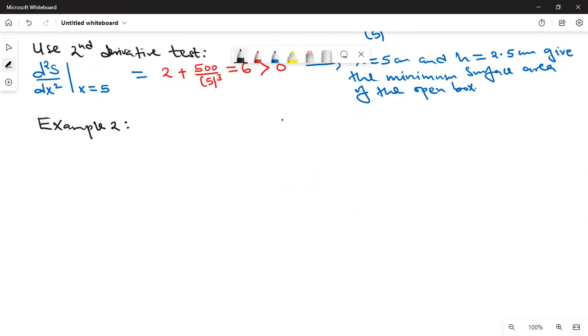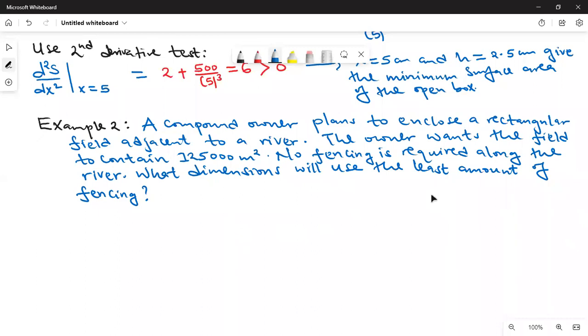I want to do one more example to be able to illustrate that concept. So we look at example 2, and in this example 2, this is the question that we are asked to solve. We are given the question that a compound owner wants to enclose a rectangular field adjacent to a river.